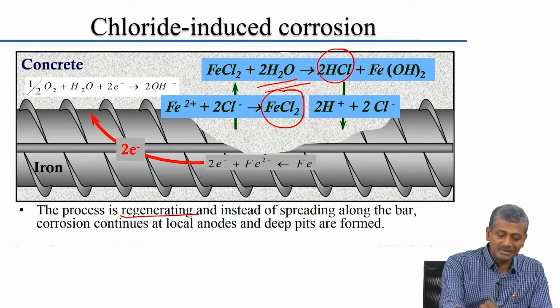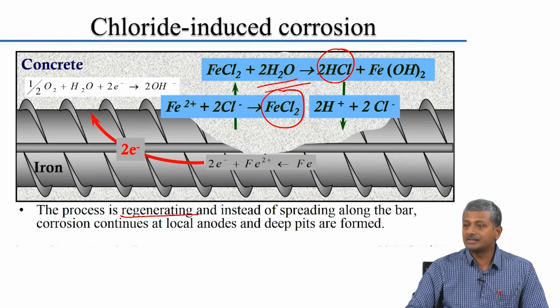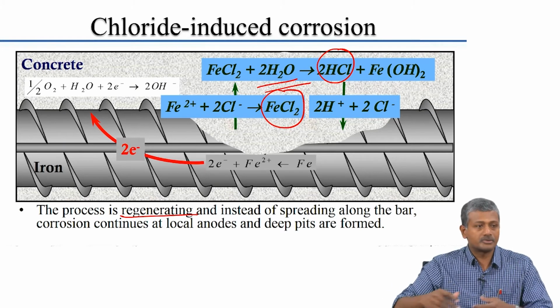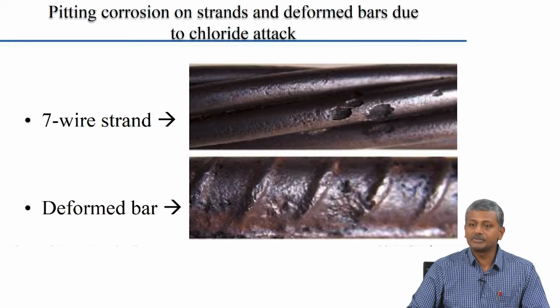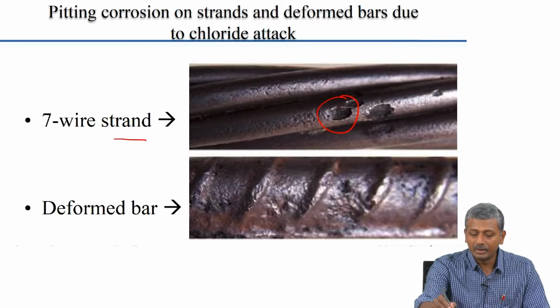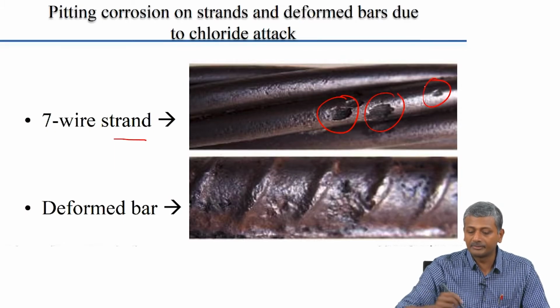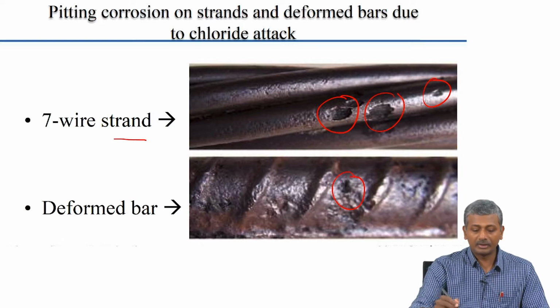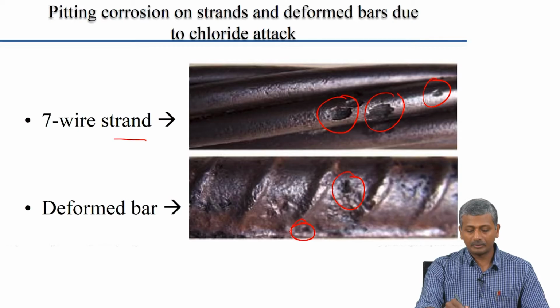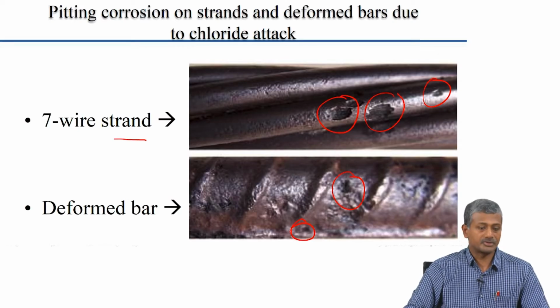So, the process is regenerating, and it does not spread all along the bar, it tends to localize and forms the pit. So, again these are examples from different kinds of steel systems. This is a 7-wire strand which is used for pre-stressing. You can clearly see the pits forming in the system, and of course, in a regular deformed bar also you can see several signs of pits forming due to corrosion of the reinforcing steel.